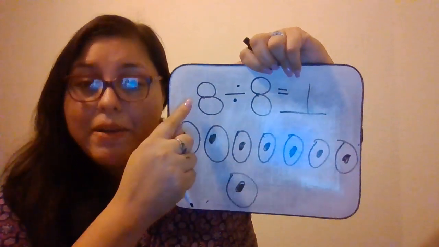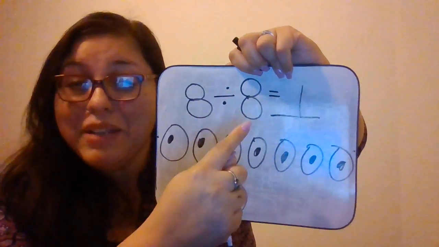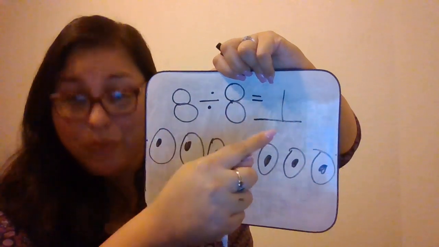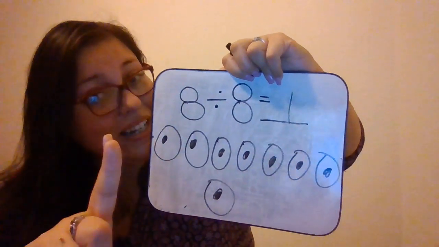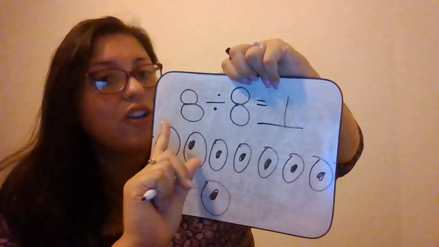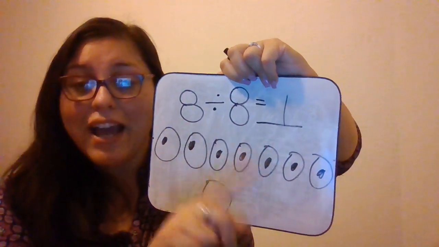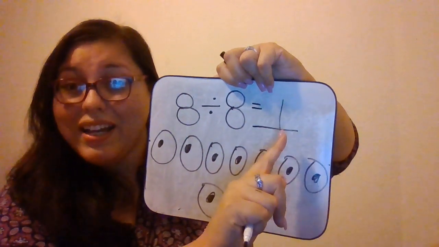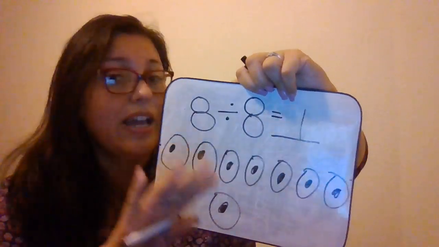When you have a number divided by the same number, it always equals 1, no matter what the number. If you have a million divided by a million, it equals 1. Every time.